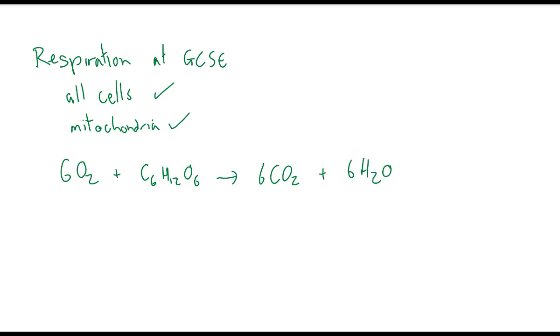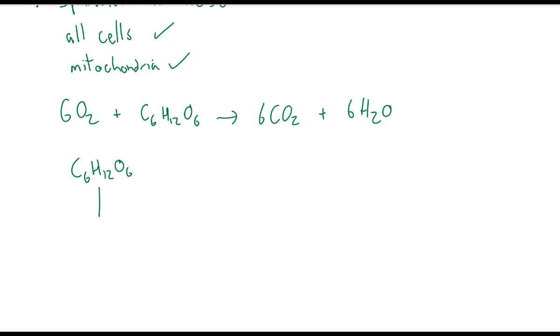Now, strictly speaking, there's a lot more to it than this. It's not just as neat and tidy as that. Actually, what it's like is we start with a glucose, we break it down, and along the way there's some carbon dioxide released. There's also some ATP.